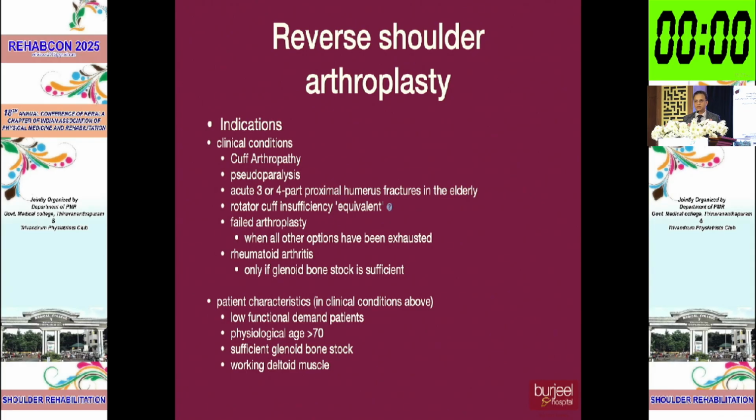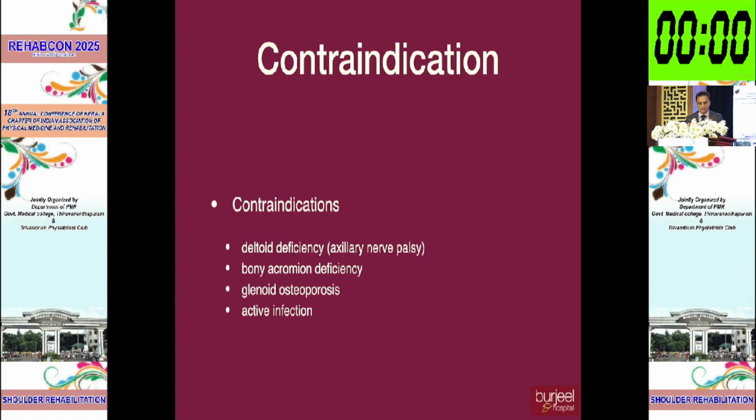We don't want the rotator cuff, we want mainly the deltoid muscle. Subscapularis is very helpful, but in most cases it will be intact. So the contraindication is mainly deltoid deficiency, otherwise reverse shoulder is not going to work, plus severe osteoporosis and active infection.